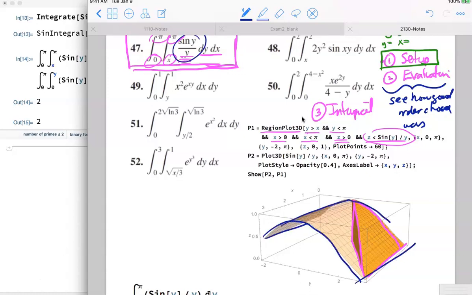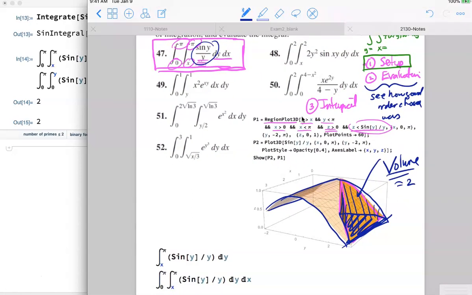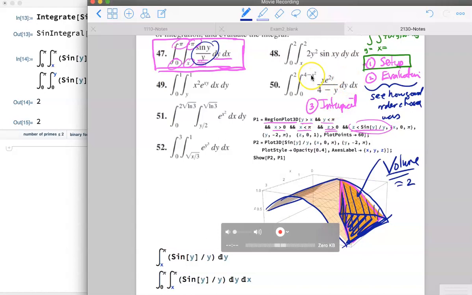And we have found that that double integral has the interpretation of the volume below this surface, but above the region that's drawn in the xy plane. So the interpretation of this double integral is a volume. So the volume of this region is equal to 2. Okay? We will look at more interpretations of double integrals in the next video.